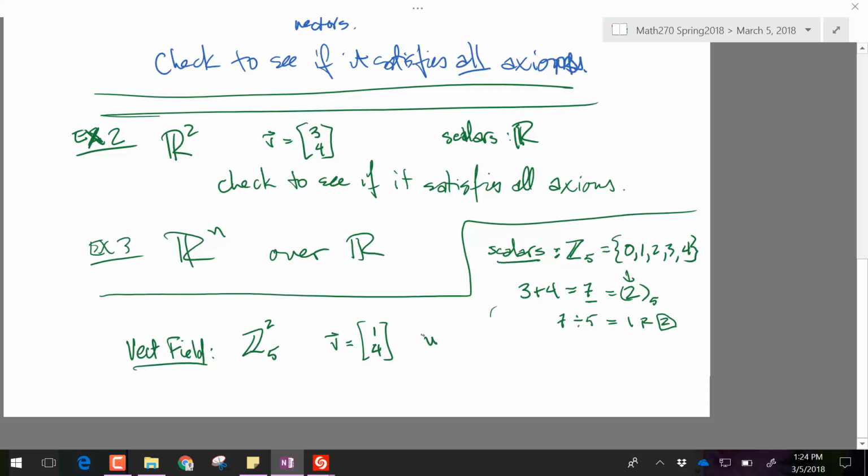And then U, let's say this has 3 and 2. So when you add them, V plus U, 1, 4 plus 3, 2, you get 4, 6. But 6 is not one of those numbers, so you need to divide 6 by 5 and get the remainder.